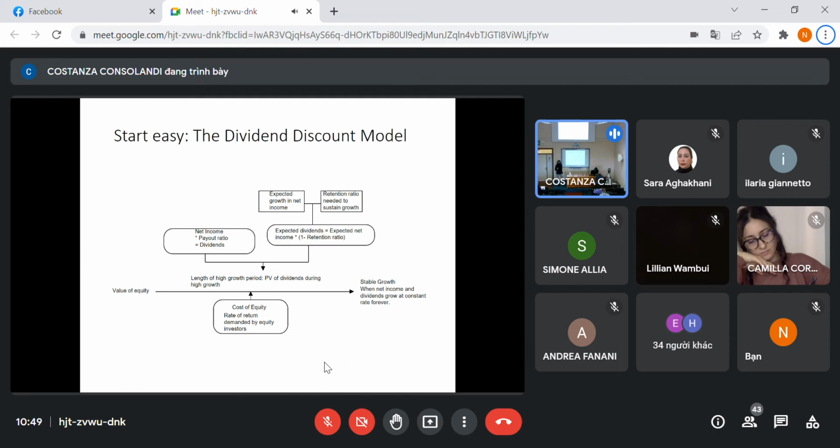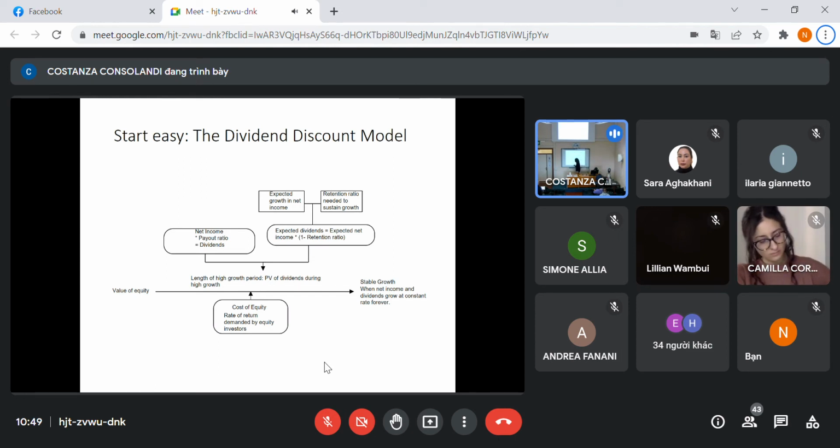The payout ratio is the ratio of income that the company decides to pay out as dividend. Simply this one. So if I have a net income of 1 million and my payout ratio is 30%, how much will be dividends? 300K. The rest will be retained and reinvested in the company.